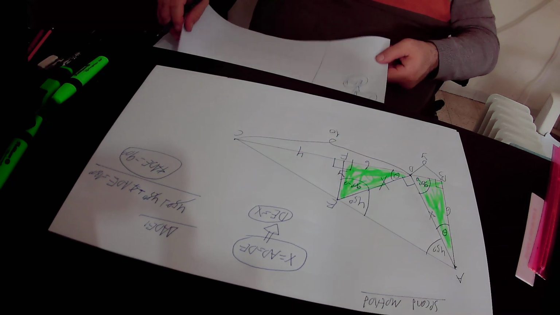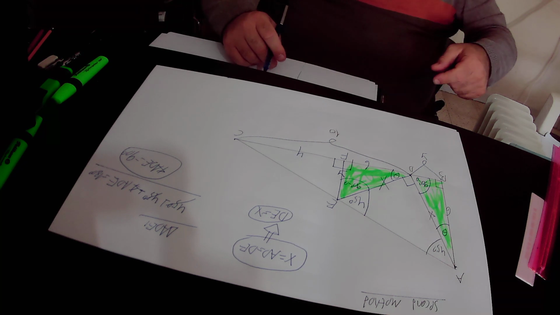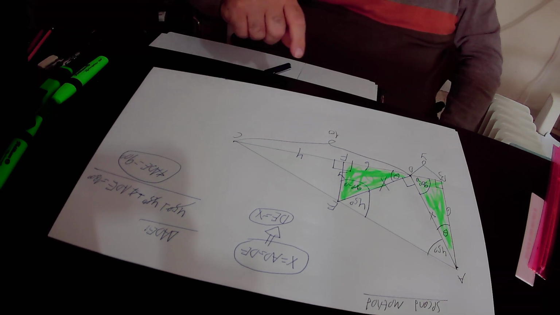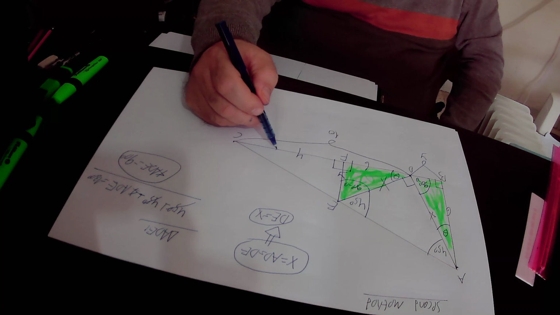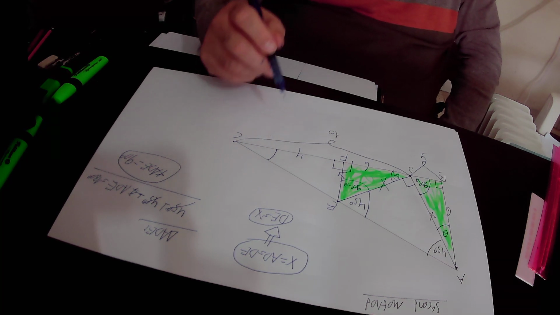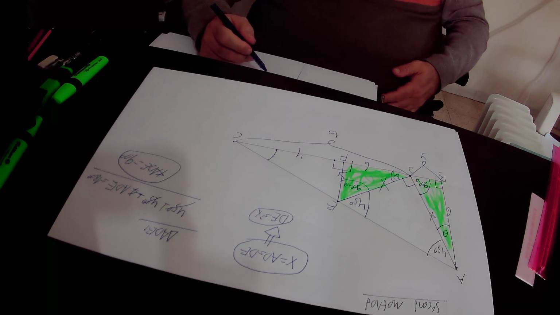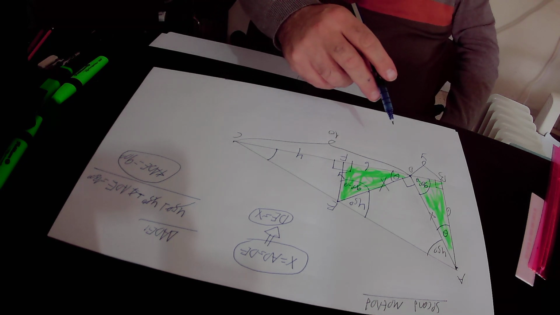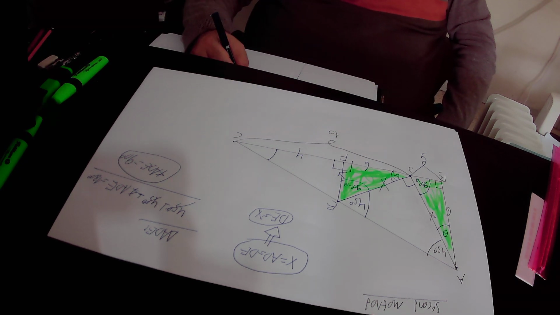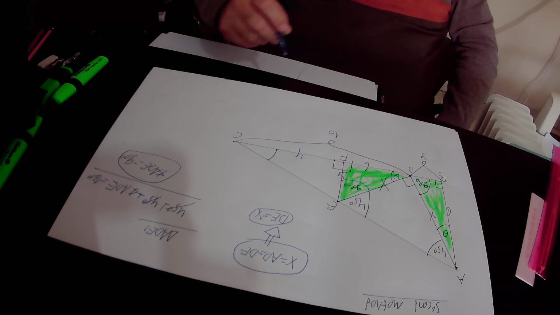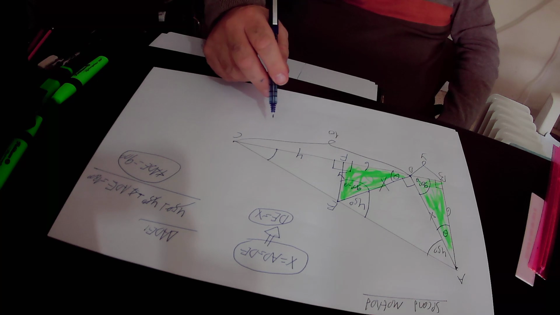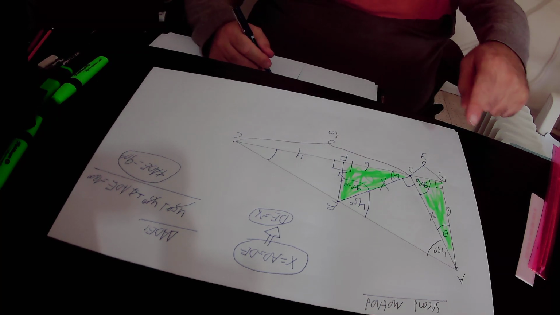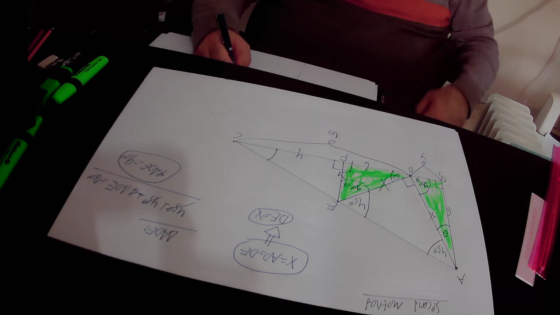In addition, this angle is a common angle, it belongs to both triangles. So this angle equals itself.